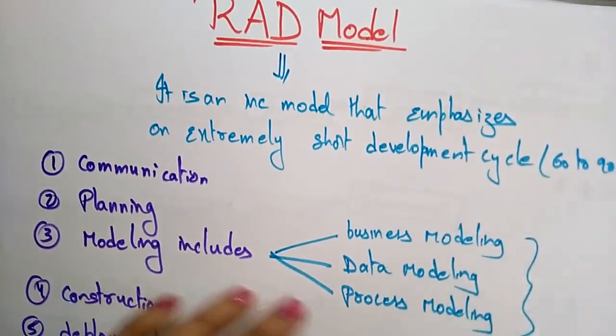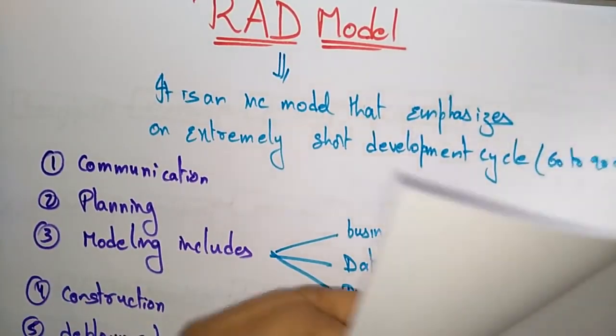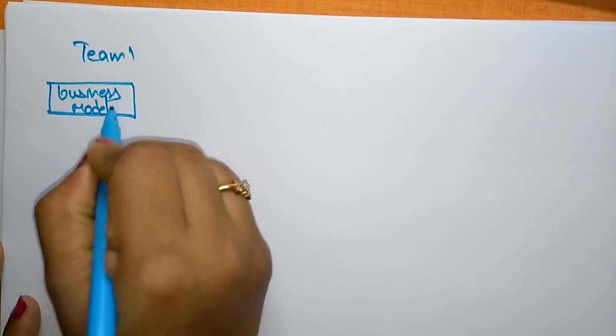Okay. So let me draw the diagram of the RAD model so that you can understand what exactly the RAD will differ from the incremental model. So this is team 1. Team 1 first goes for the business modeling.